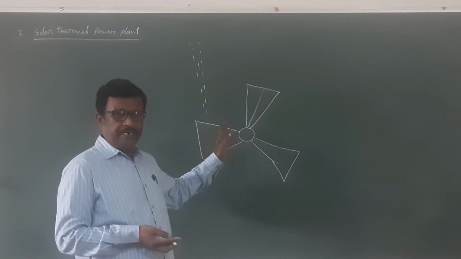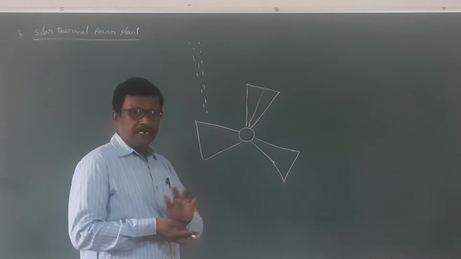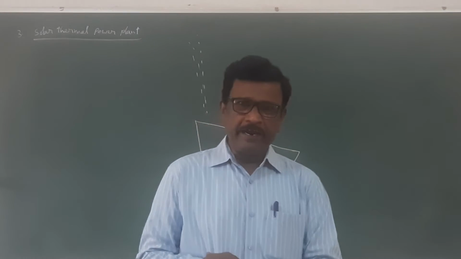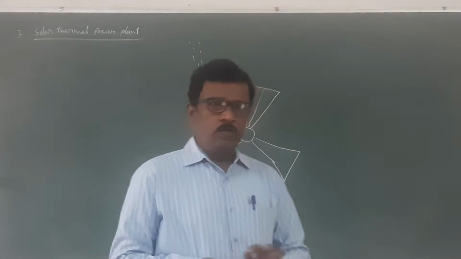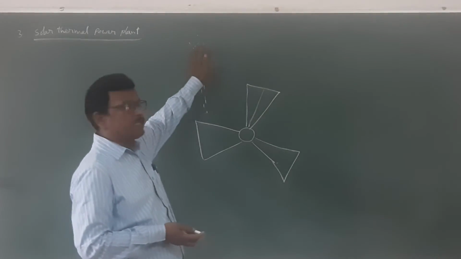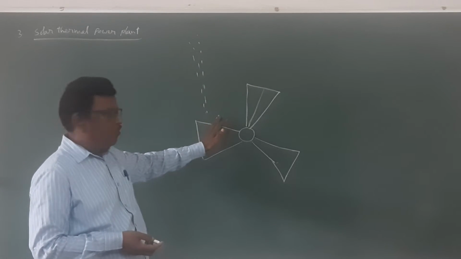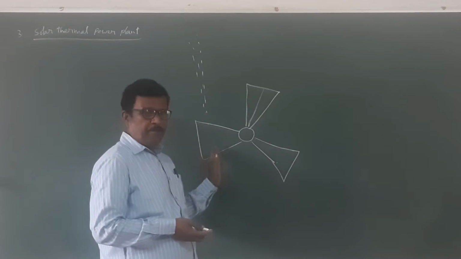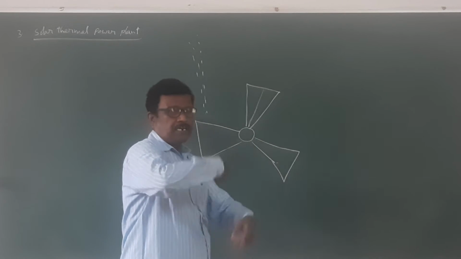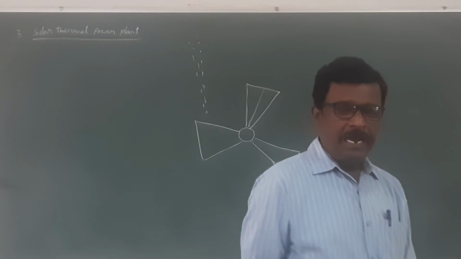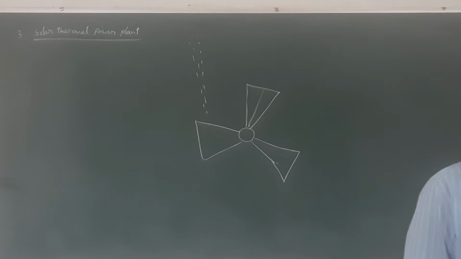Due to that heat energy, the water is heated, superheated into steam. When the steam is projected so as to flow over the turbine at a rapid speed, the turbine will rotate and electricity will be produced.